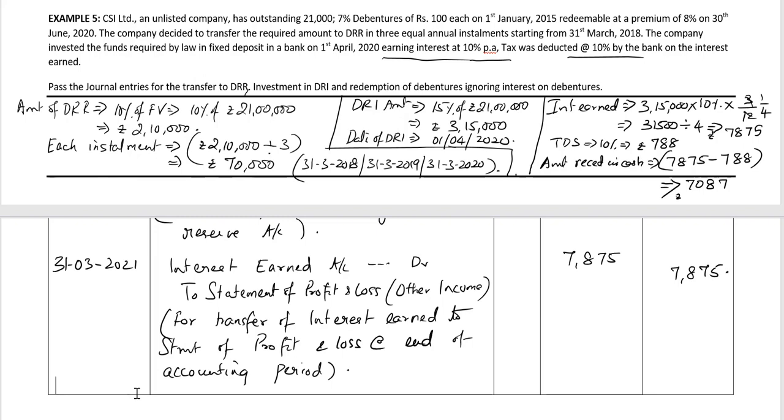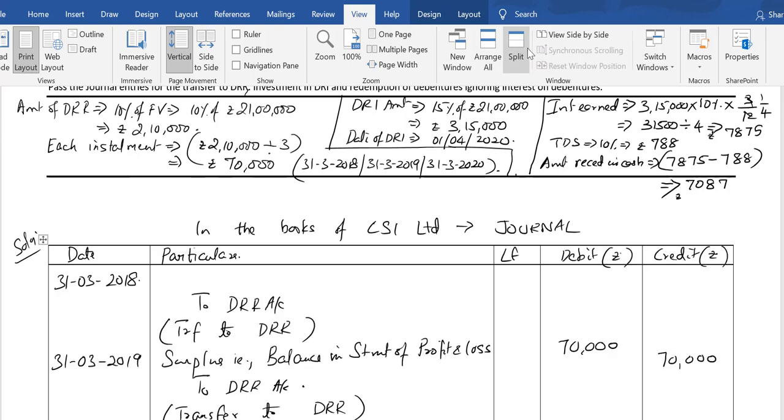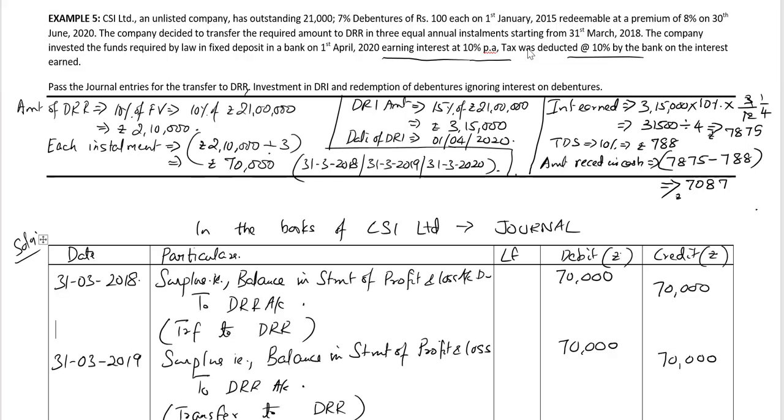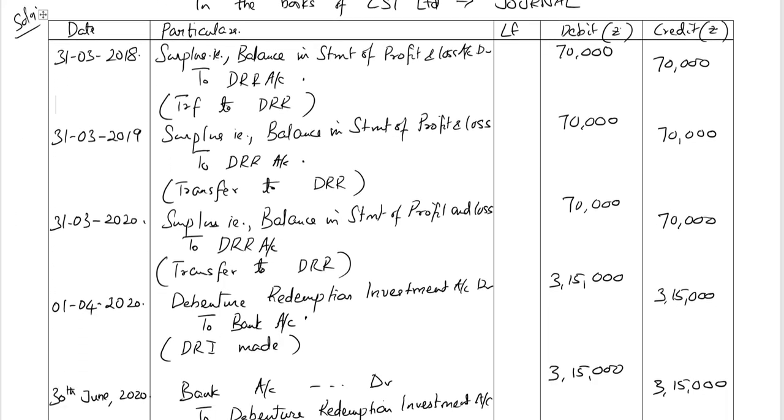We are done with the entries. I will remove the split. We can view the answer. So those are the workings at the top, followed by working notes to calculate the amount of DRR, the debenture redemption investment, as well as the amount of the interest earned. And these are the journal entries.